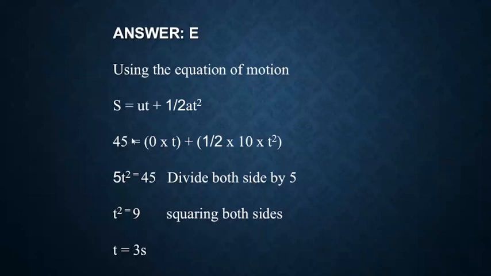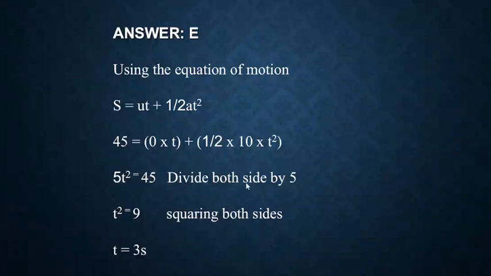So 45 is equal to 0 times t, which is 0, plus 1 over 2 times 10. Half of 10 is 5, so we have 5t squared equal to 45.